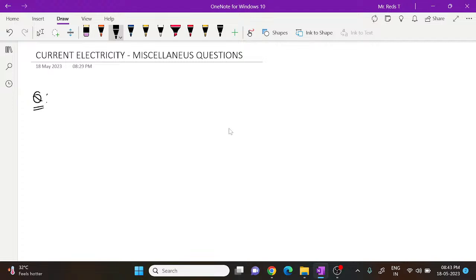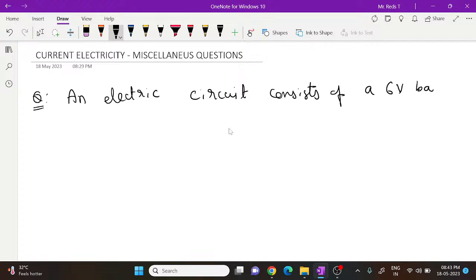The case study based on electric circuit analysis: an electric circuit consists of a 6-volt battery connected to three resistors R1, R2 and R3.